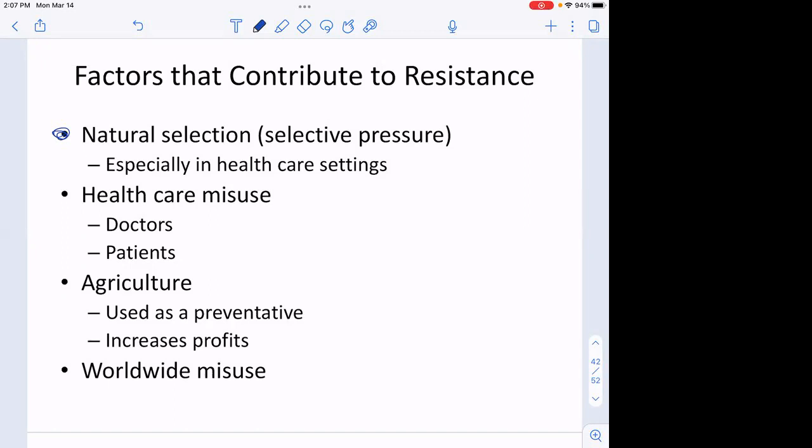I think education is better about this now than it was 10, 15 years ago, but antibiotics have been misused in healthcare. There's pressure on doctors to just do something to make the patient better. And a lot of patients will put pressure on their doctors and say, you have to give me something. My kid is miserable. You've got to give him something that will make him better.